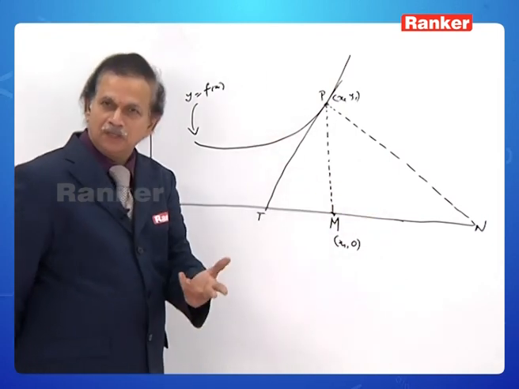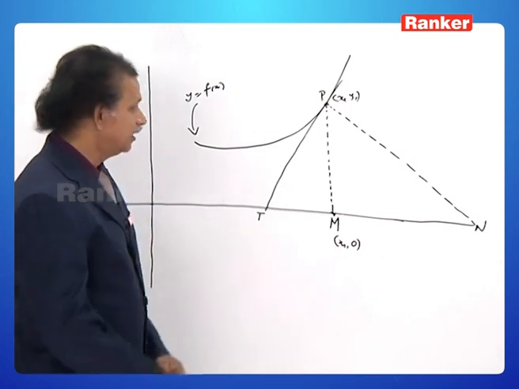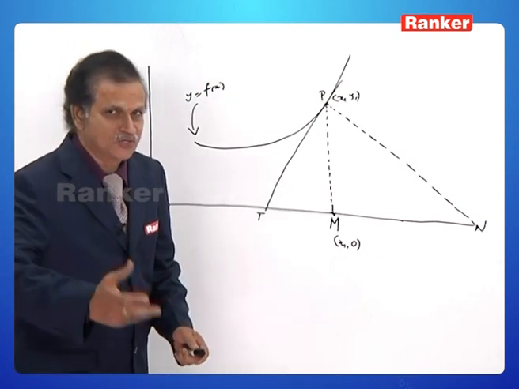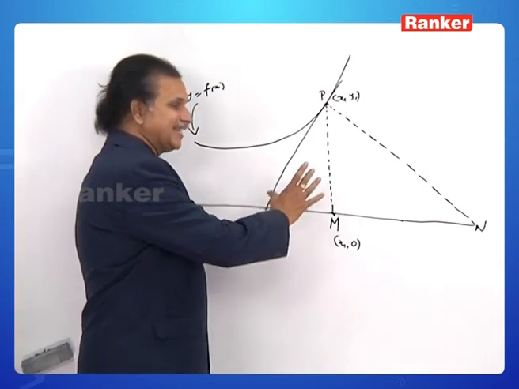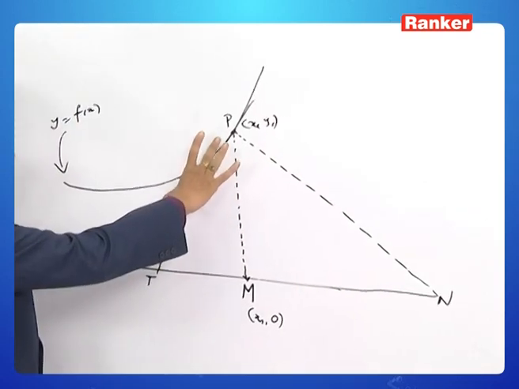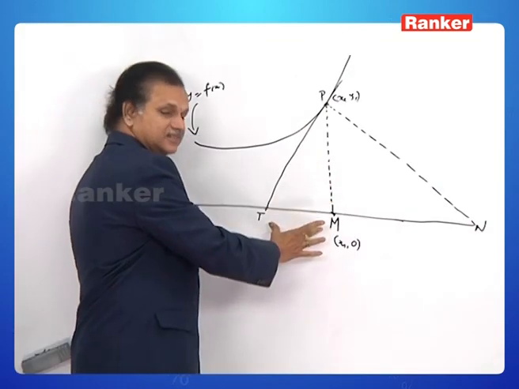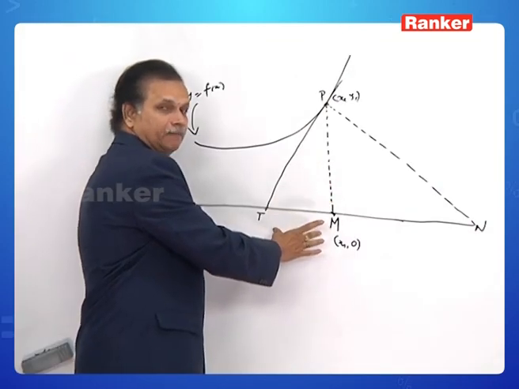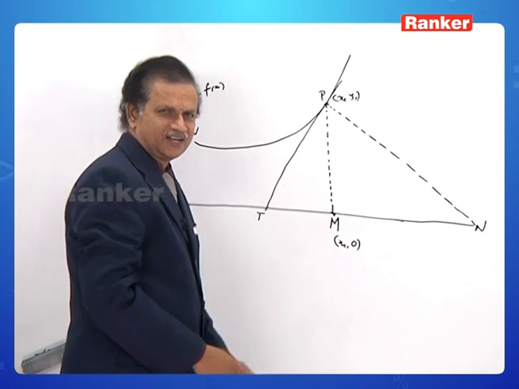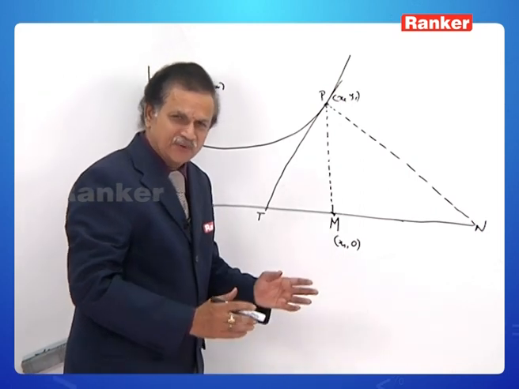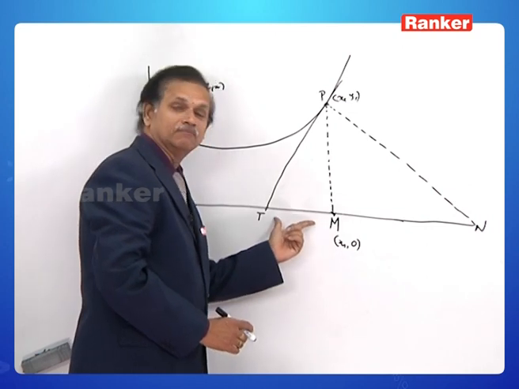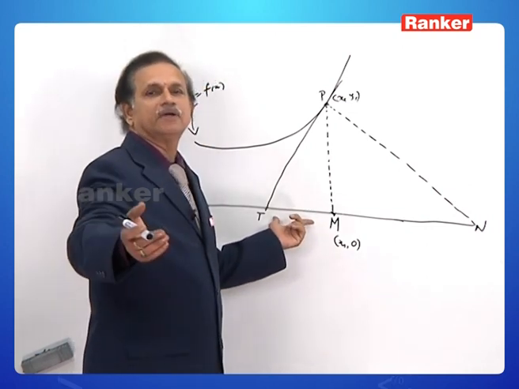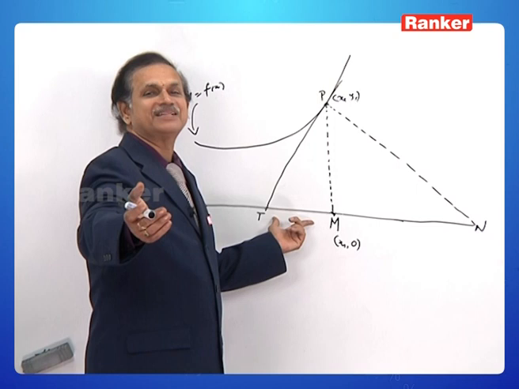PN is the length of the normal. Listen to these words very carefully. What is the length of the projection of PT on the x-axis? TM. It is the length of the projection of the tangent on the x-axis, called the length of the subtangent.